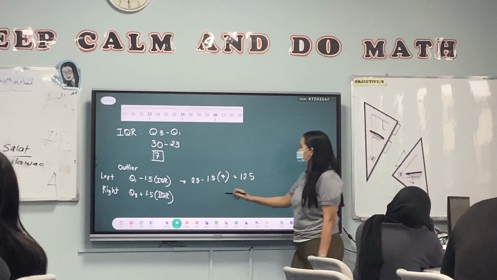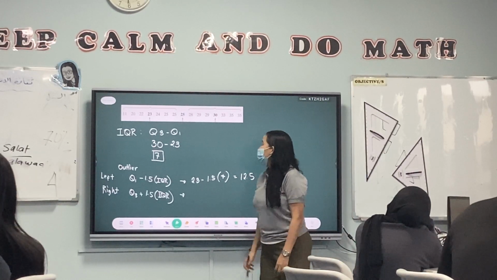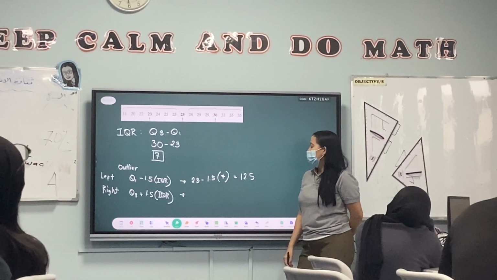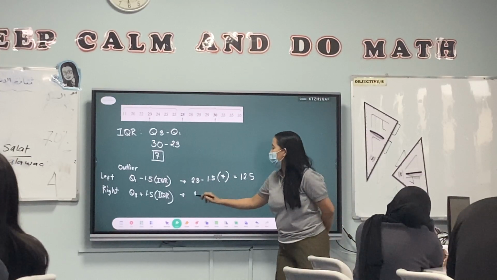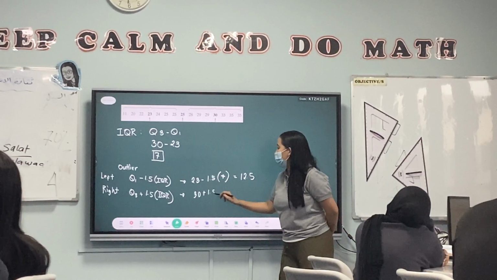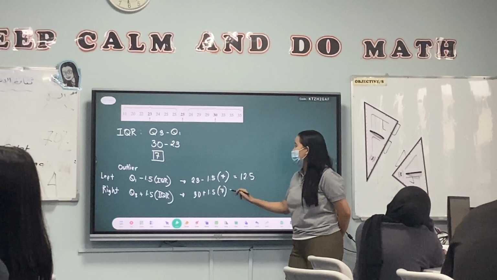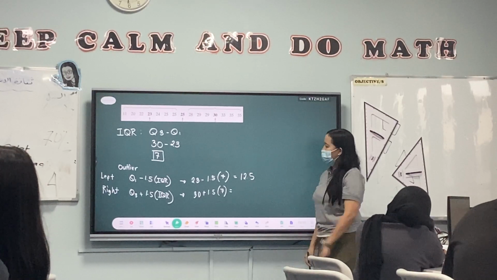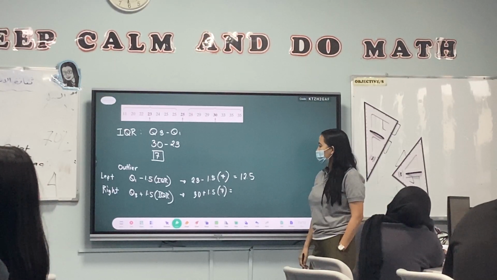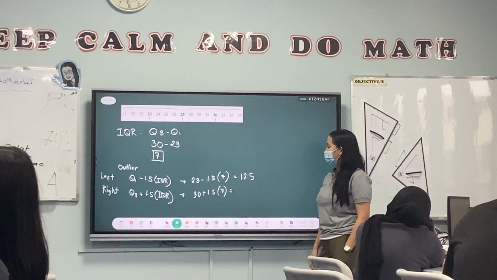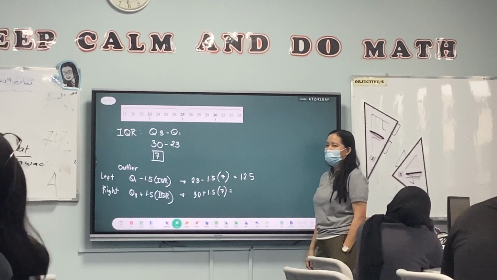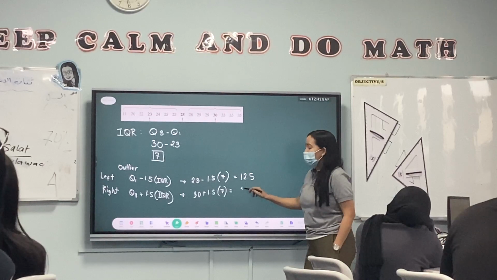Five. Next, here, it'll be 30 plus 1.5 times 7. What's the answer? You probably multiply by 1.5.